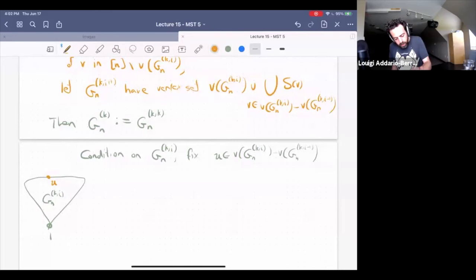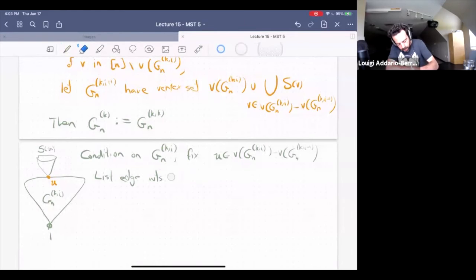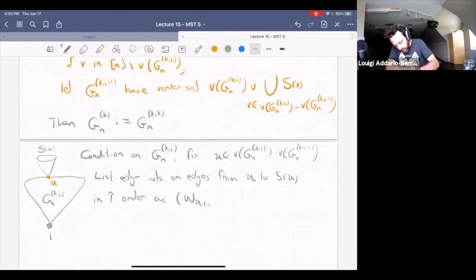We're interested in understanding what set S_u gets added in the next generation, and what the weights of the edges on that set are. Let's list those edge weights from u to S_u in increasing order as W_u1 up to W_uK.